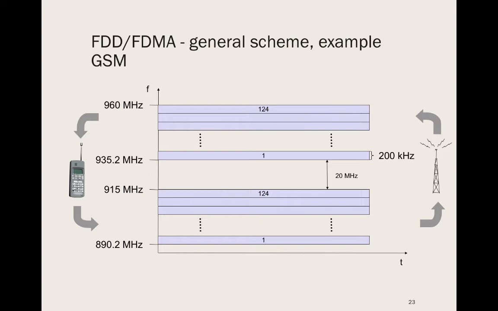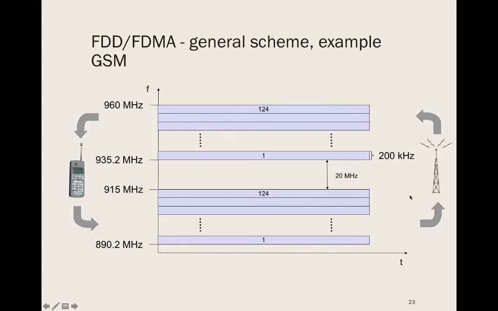It creates a guard band between the different frequency subbands to mitigate the inter-channel interferences. Since the channels use the same frequencies, FDD is suitable for symmetric data, such as voice calls.